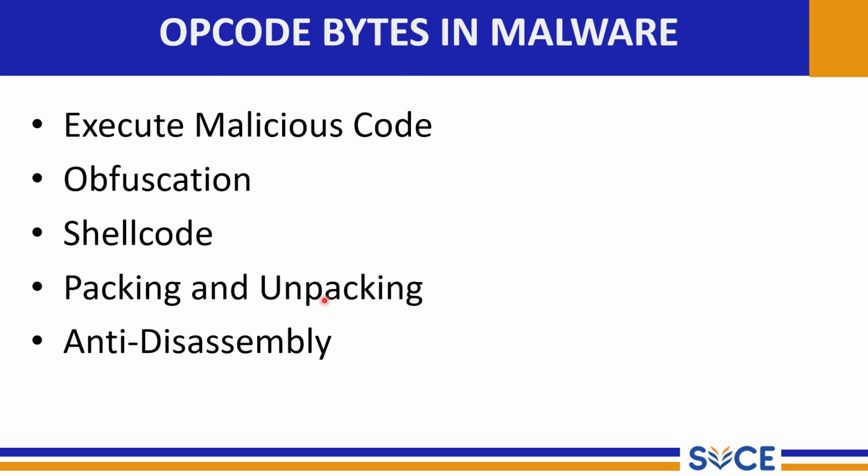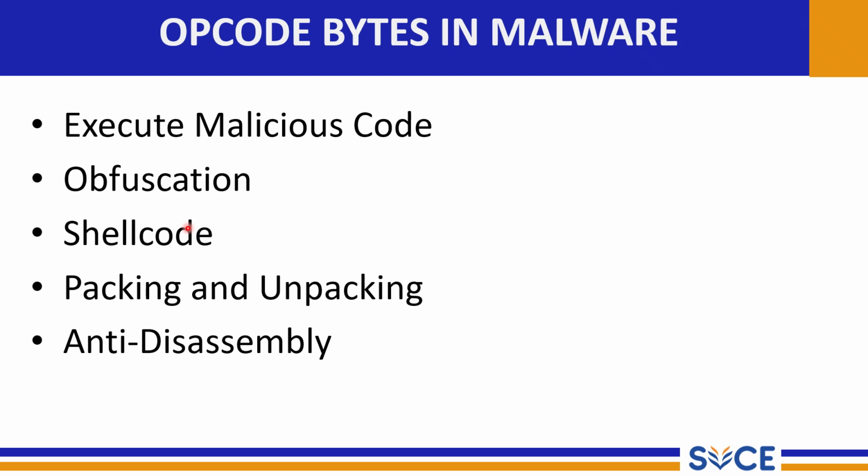And next, how opcode bytes are used in malware. Malware uses opcode bytes for executing malicious code, obfuscation, shellcode, packing and unpacking, and anti-disassembly. For executing malicious code, the malware consists of a sequence of opcode bytes that perform malicious actions. Second, obfuscation: malware may use various techniques to obfuscate its opcode bytes, such as encryption, polymorphism, and metamorphism.